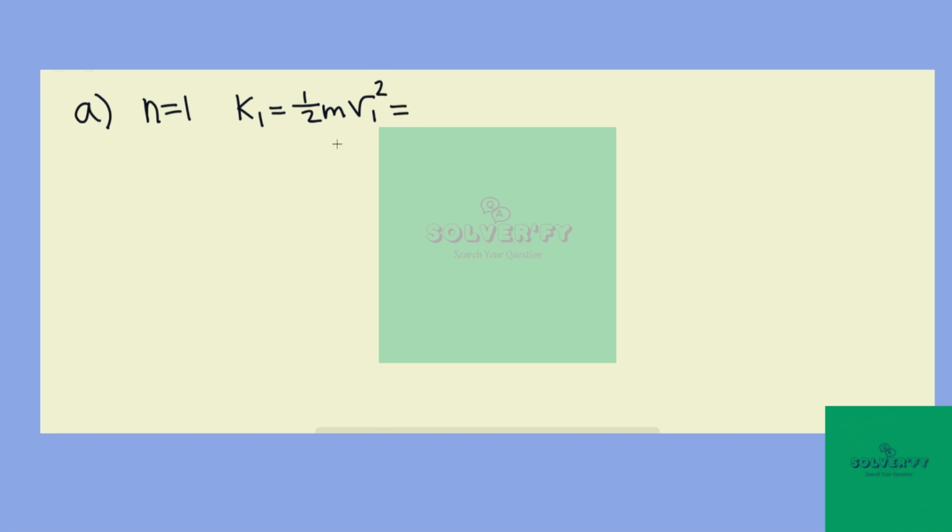Combining the K expression with v, we end up with 1/epsilon naught squared, m e to the 4th over 8 h squared. Similarly, U1 is equal to 1/4 pi epsilon naught, e squared over the Bohr radius for level 1.